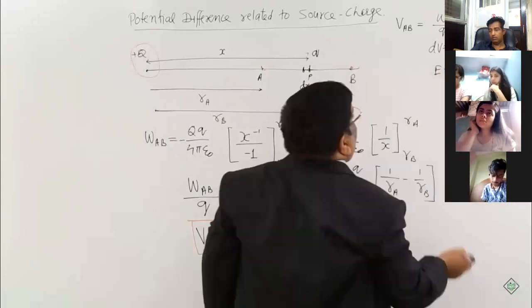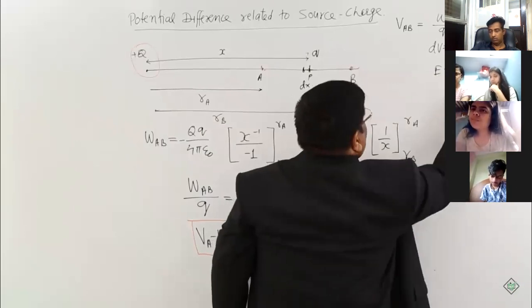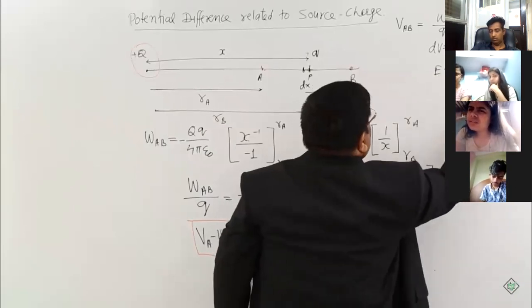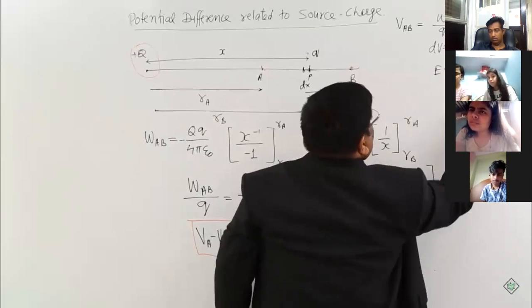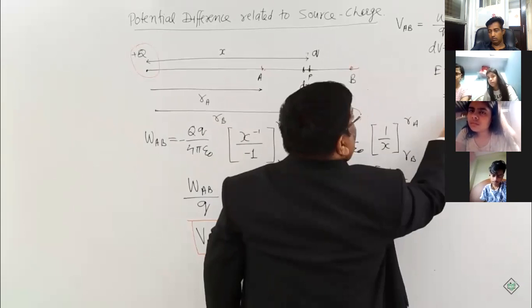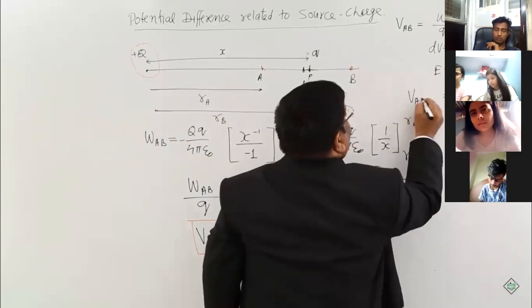The other we had is line integral from A to B of E dl. Negative of the line integral is equal to the potential difference VA minus VB.